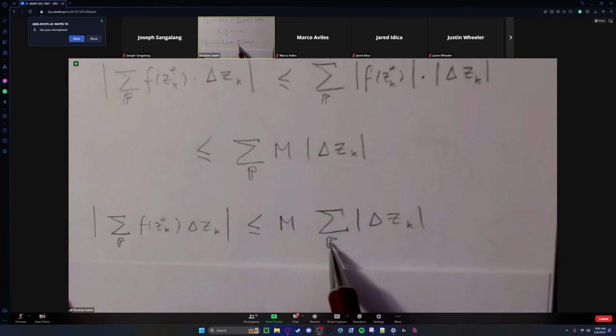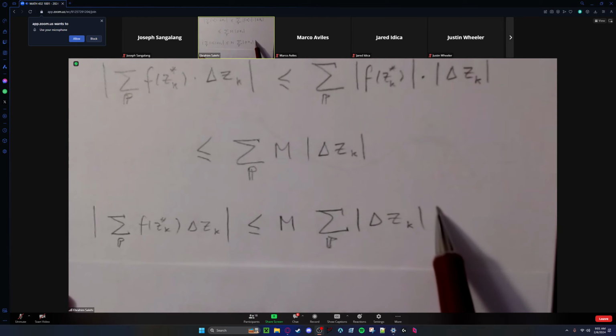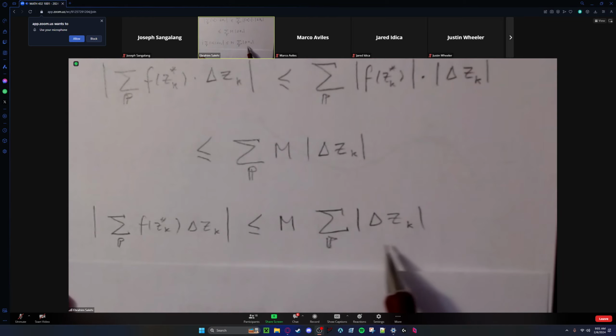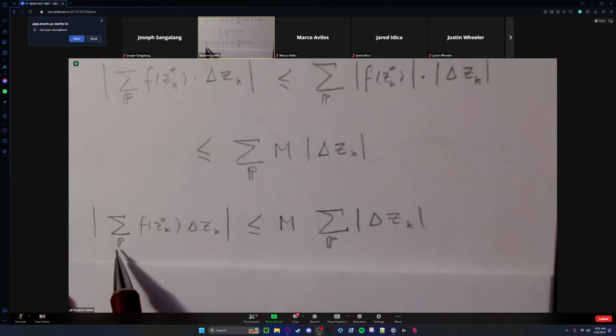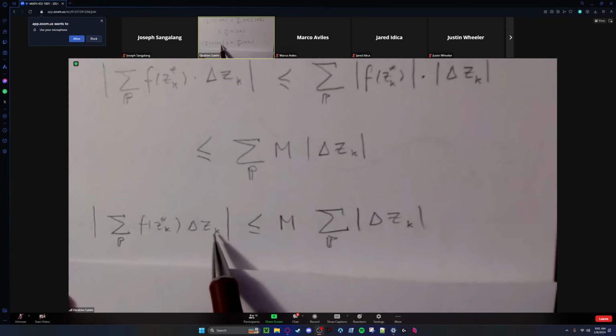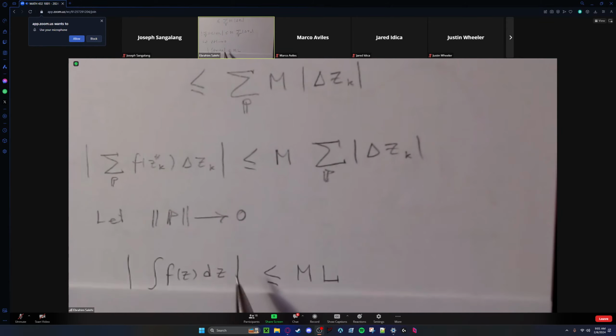As the number of partitions approaches infinity, this is going to give us the length of that curve. And this one, when you take the limit, is going to give us the integral.